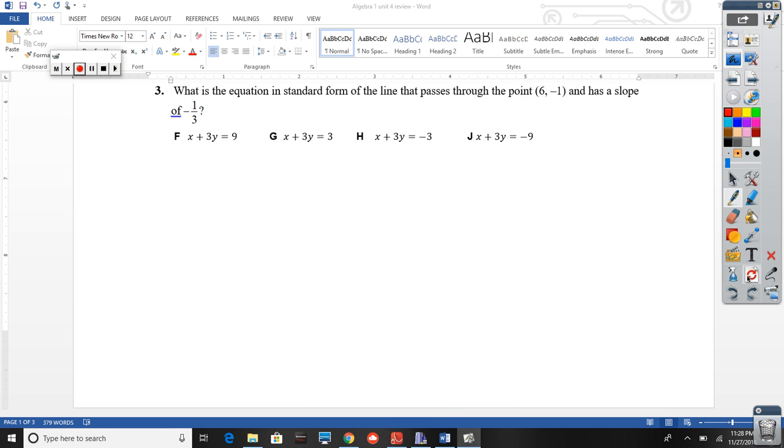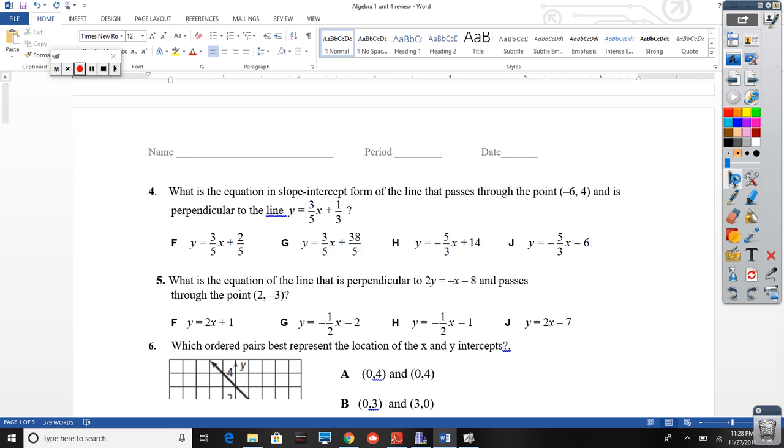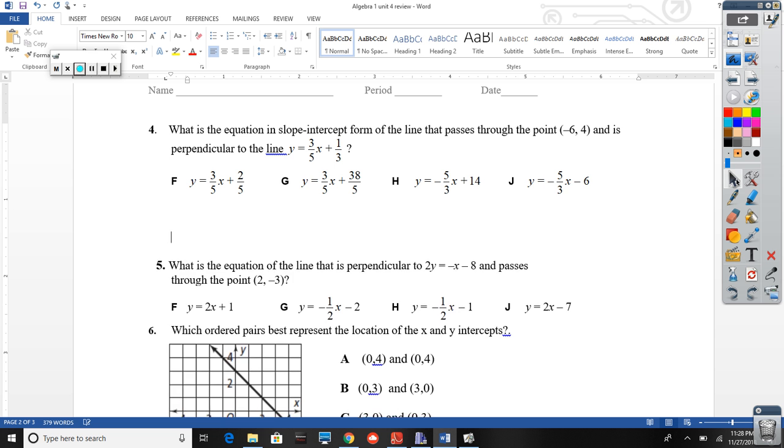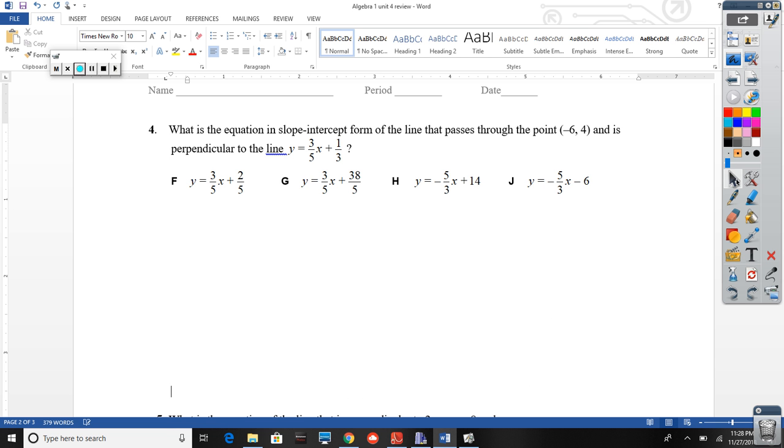Number 4. Okay. I am going to enter again. Need some space. Alright. What is the equation in slope-intercept form of the line that passes through the point and is perpendicular?